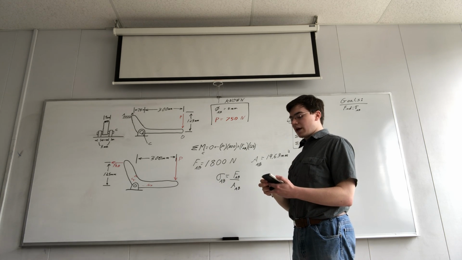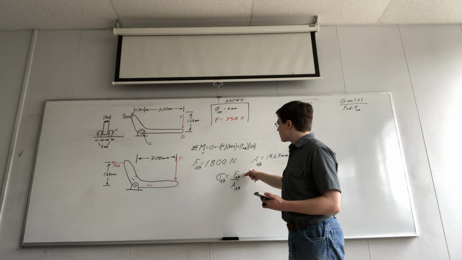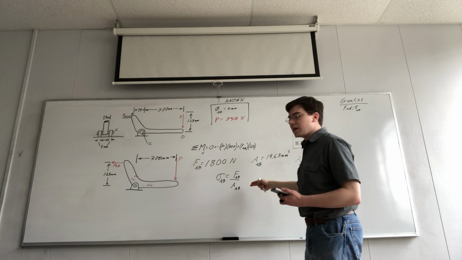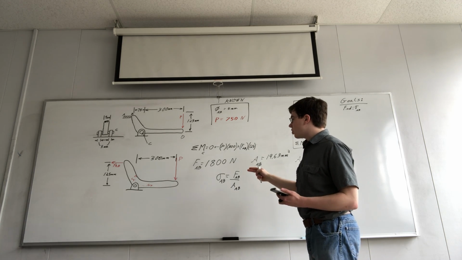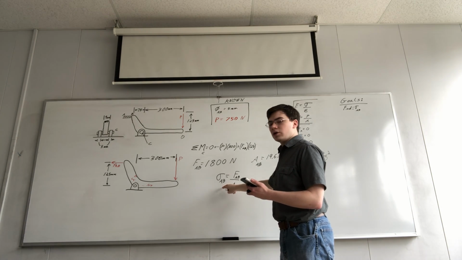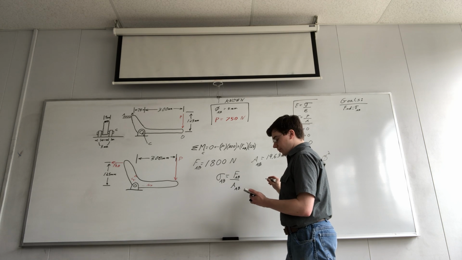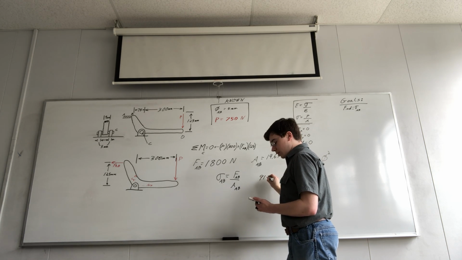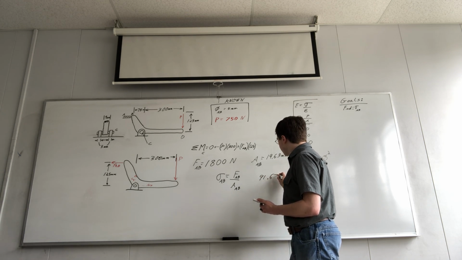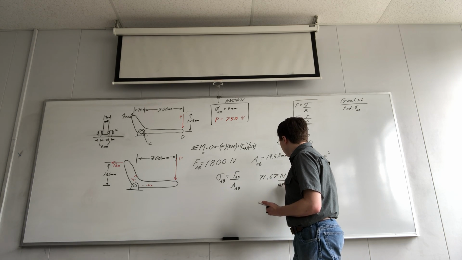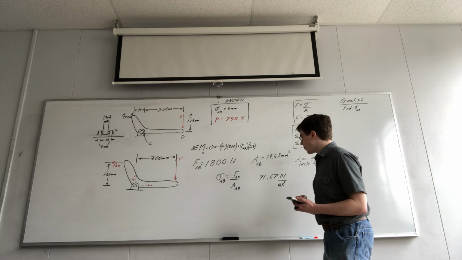Let's quickly plug area AB into this equation. Force AB divided by the area of AB is equal to the stress, which is 91.67 newtons per millimeter squared.